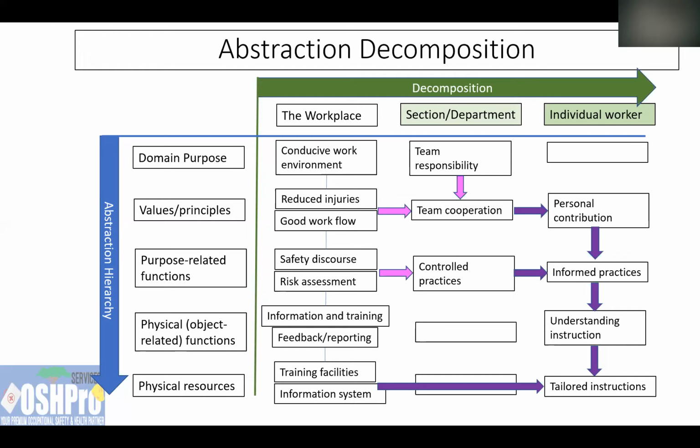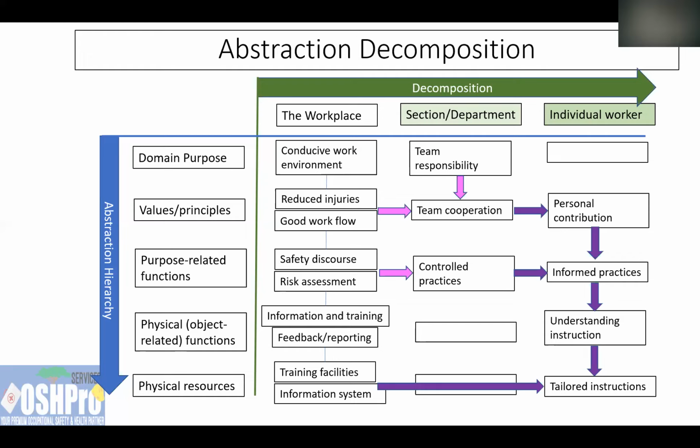And then in the department, you have different people doing different work. It's not the same risk for everybody in the same department. So what does each one of these have to do so that in the end, everybody has contributed and the workplace is safe, it's conducive, we have a conducive work environment?